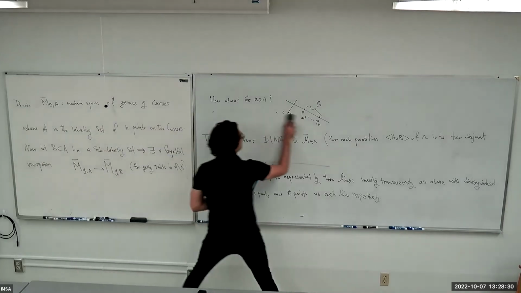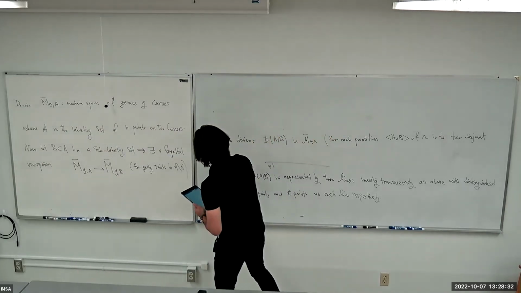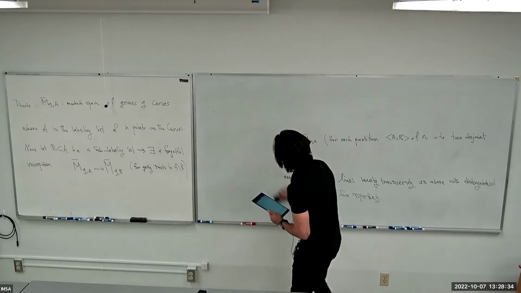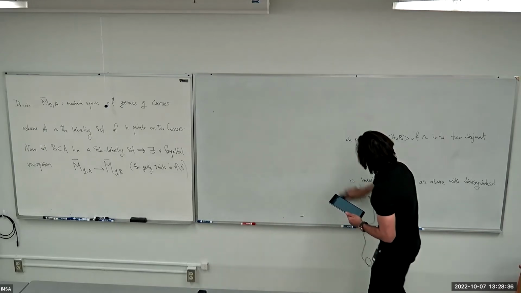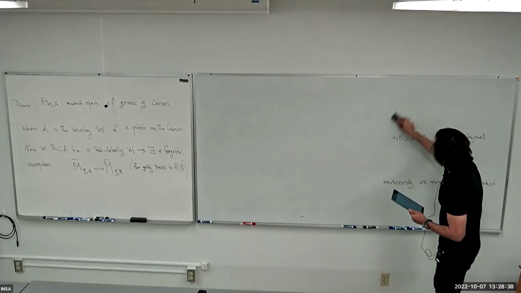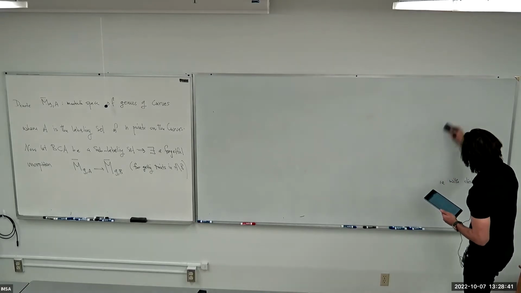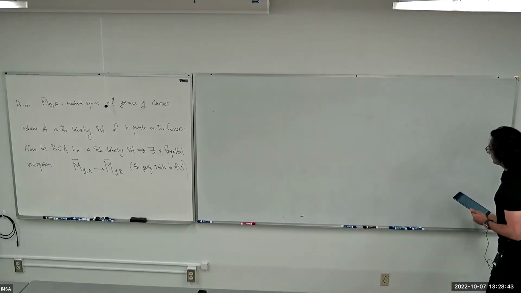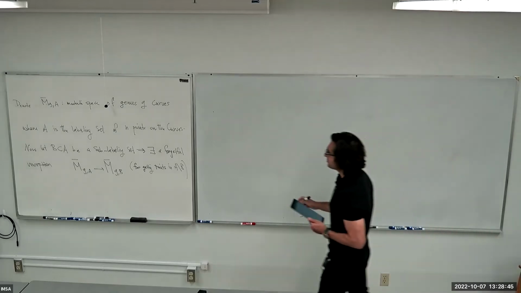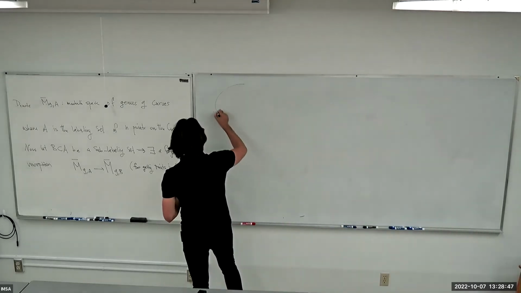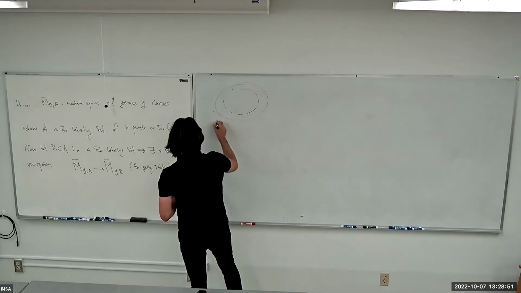So each moduli space is compactified. So you have this moduli space with its interior. This is M bar GA.